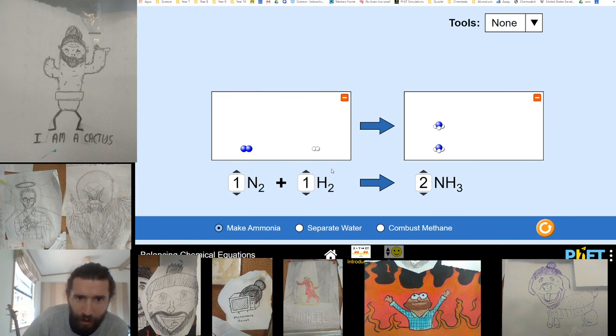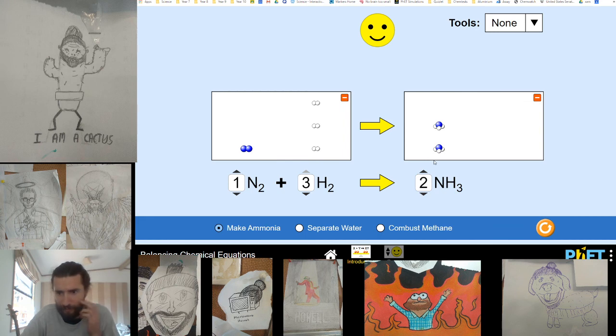Now we're going to have to do the hydrogens. I've got 1, 2, 3, 4, 5, 6 on the right, and I've got 1, 2 on the left. And there we go. Once I put a 3 here, 3 H2s, so 6 hydrogens and 6 hydrogens there, meaning it is balanced. Just a quick note here.